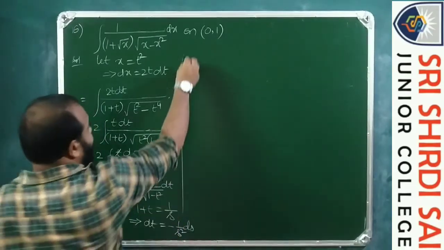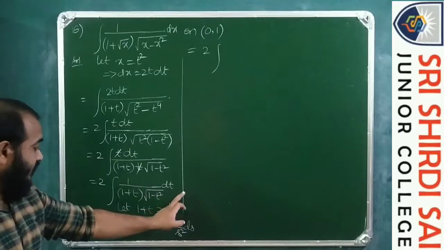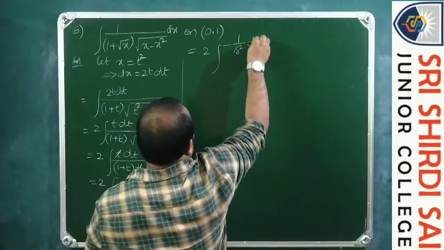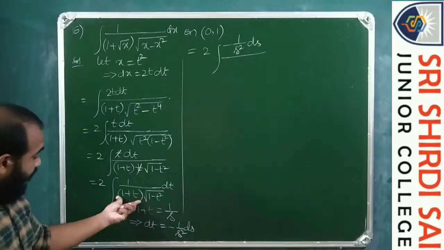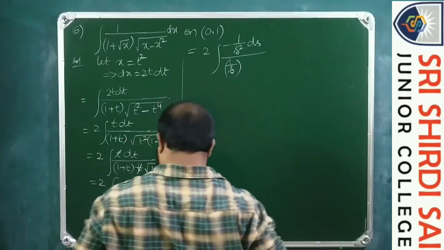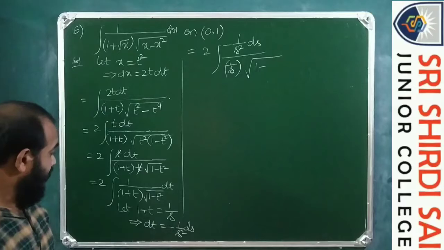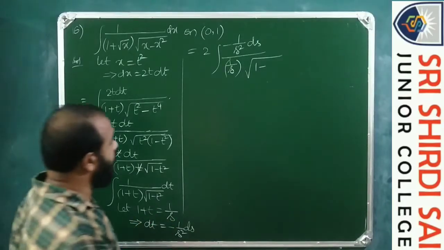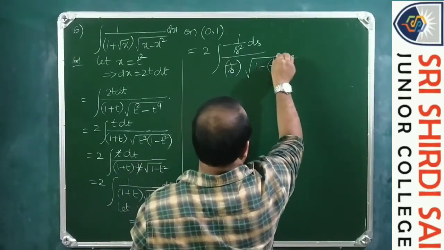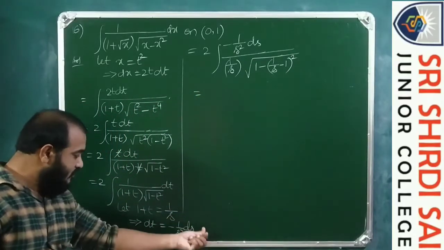Now this is equals to 2 into integral 1 into dt, dt is minus 1 by s square ds, minus 1 by s square ds by 1 plus t, which is 1 by s, into square root of 1 minus t square. Here, from 1 plus t equals 1 by s, t is equals to 1 by s minus 1.